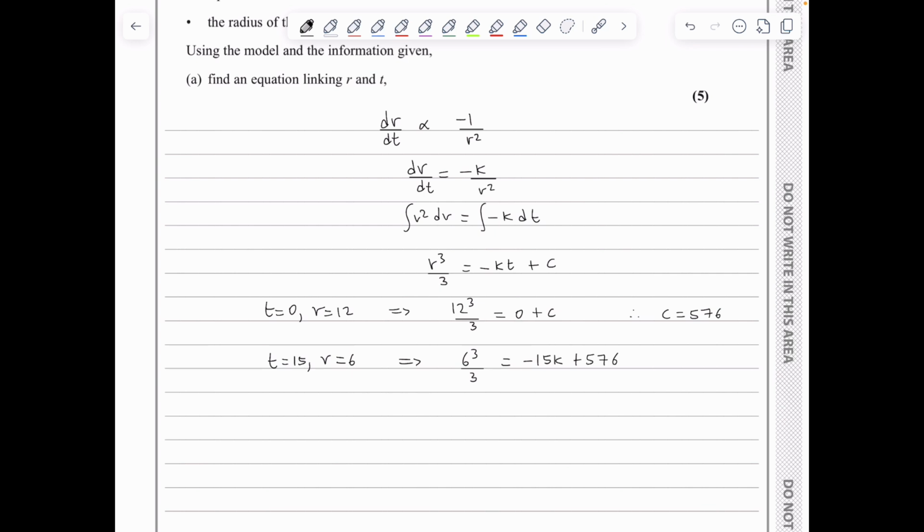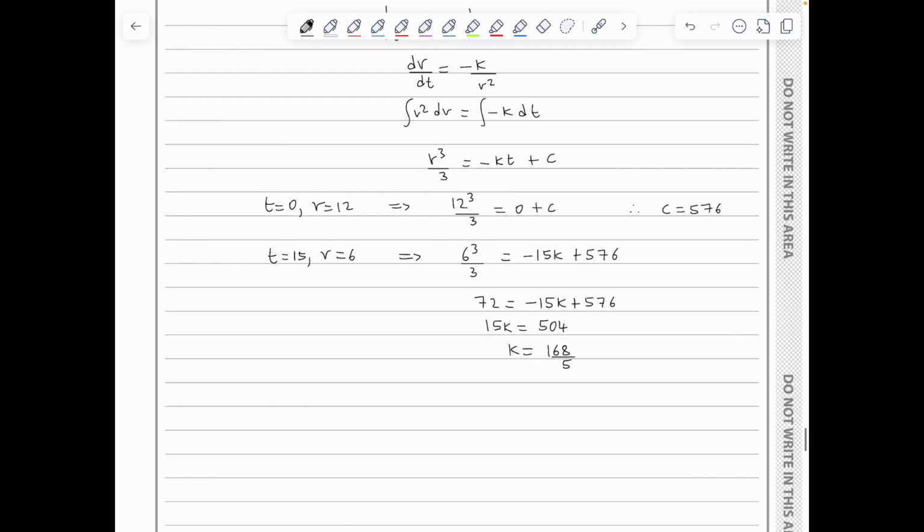Now we're looking at 72 being equal to minus 15k plus 576, and therefore 15k is equal to 504. I divide both sides by 15 and I get that k is 168 over 5, and therefore we conclude that r cubed over 3 is equal to minus 168t over 5 plus 576.